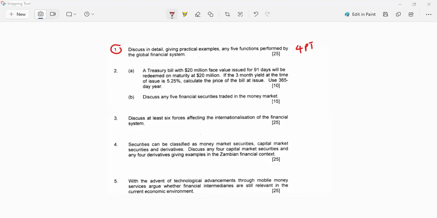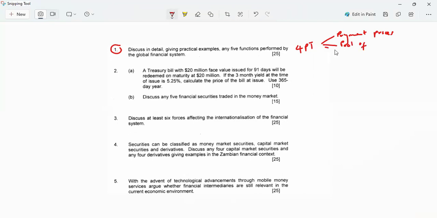What did we say? P1 was what? Payment processing. P2 was what? Pool of funds.